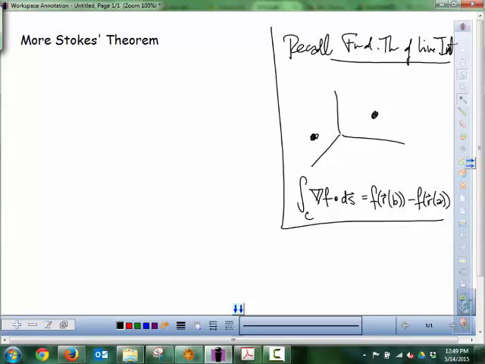So that means it doesn't matter how we get from point RA to RB, as long as those are the boundaries.